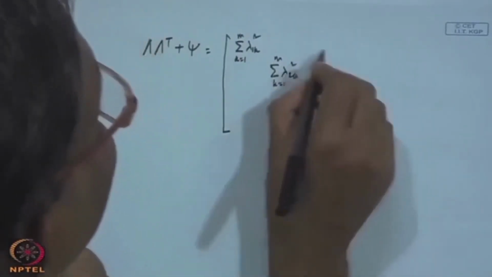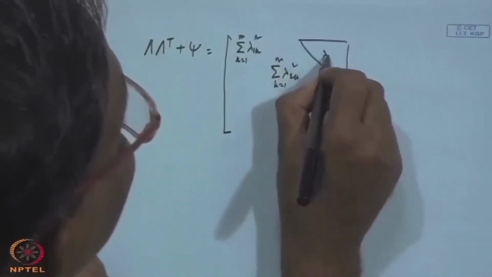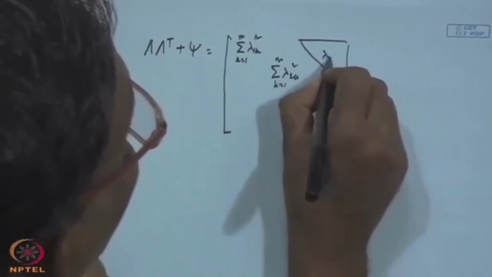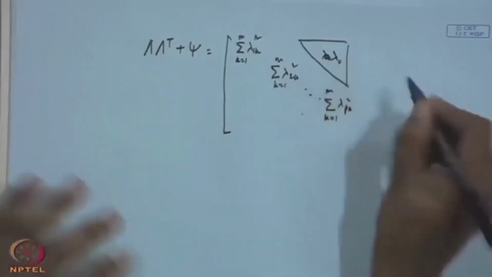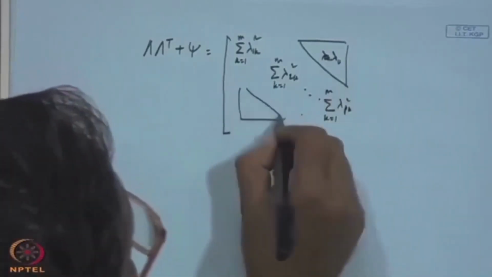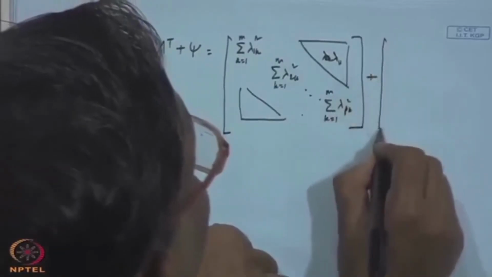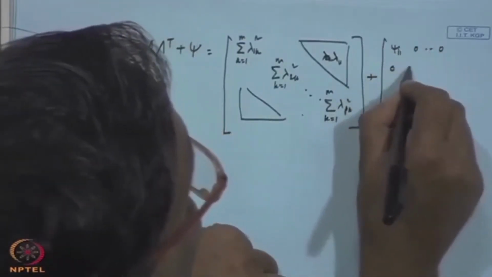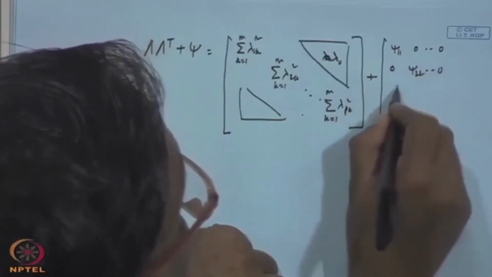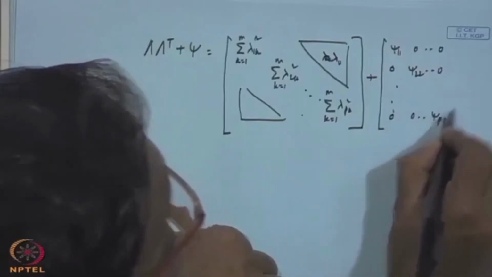Off diagonal elements you have already written with lambda 1 k and so on. Plus our psi is psi 1 1, 0, 0, 0, psi 2 2, 0, like this, 0, 0, psi p p.